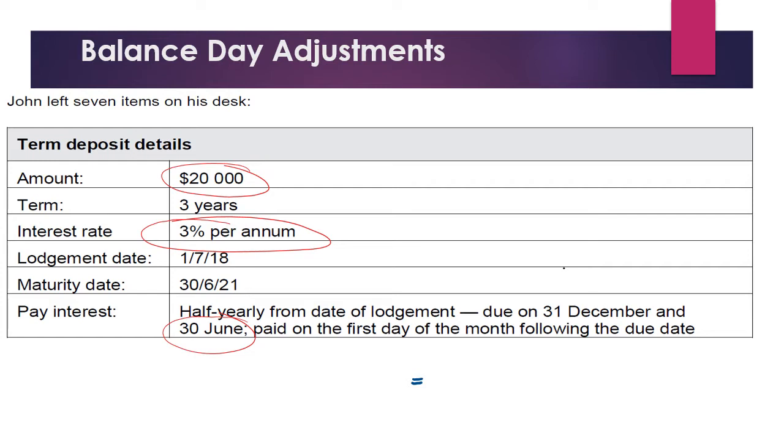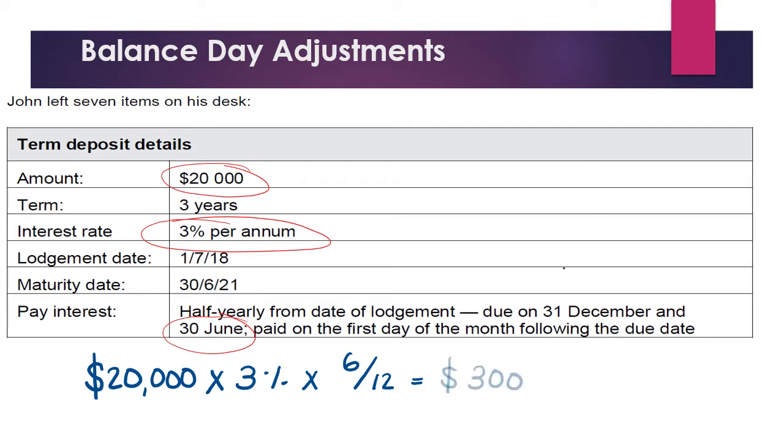We've received interest already during the year after 6 months. That's evident in the trial balance extract. So we have to now calculate the interest for the next 6 months. That's $20,000 times 3% times 6 over 12, or you could say times half a year. And that gives you $300.